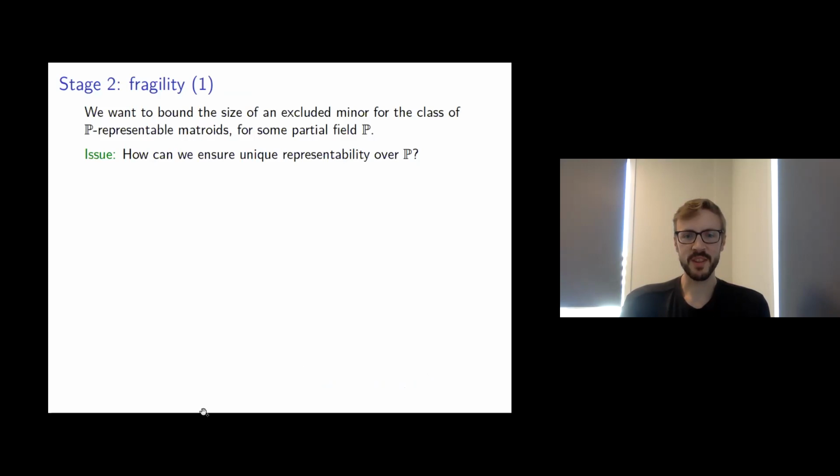Some in the matroid community might have seen this argument a few times, but it's quite important, I think, in order to get an idea of why fragile matroids crop up. Okay, so first of all, one issue that arises once you're trying to prove an excluded minor characterization and you're looking at fields that have size bigger than 4 or looking at partial fields is that you need some way of dealing with inequivalent representations.